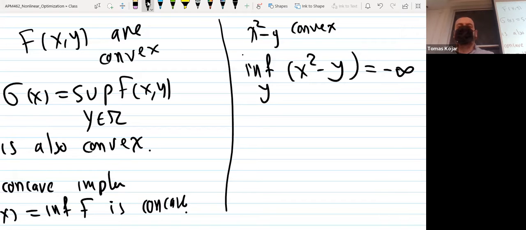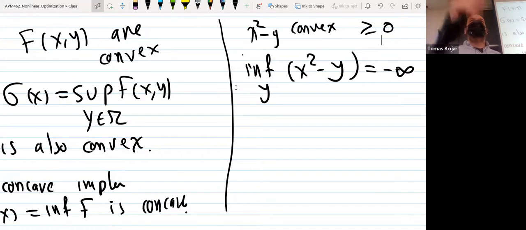This is convex because if you take two derivatives, it has a zero, but it is fine. Convex allows that, I didn't say strictly convex, so you can have a zero. Anyway, this shows you that infimum does not preserve convexity.